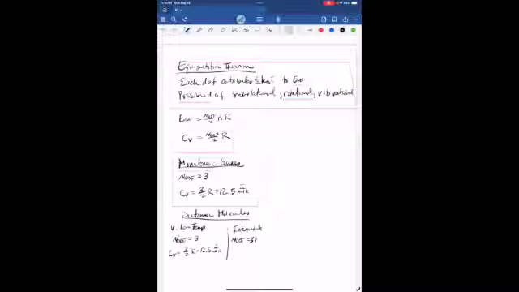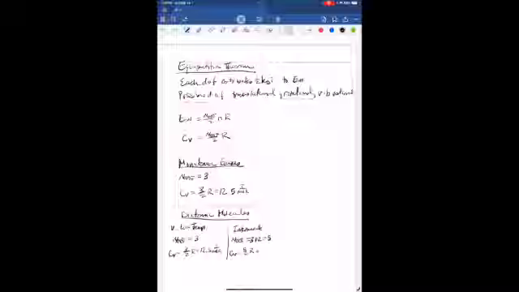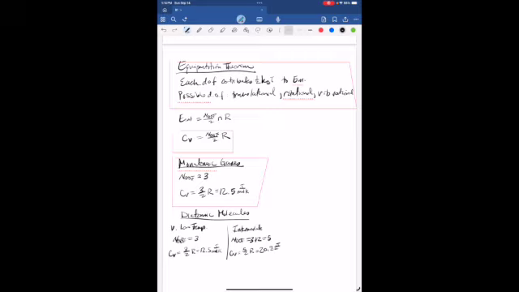So altogether, we have 3 plus 2, which is 5 degrees of freedom. So CV then is 5 halves R, which is 20.8 joules per mole Kelvin. If you look in your table for CV for nitrogen and oxygen, it's very close to 20.8. So they've got both translations and rotations.